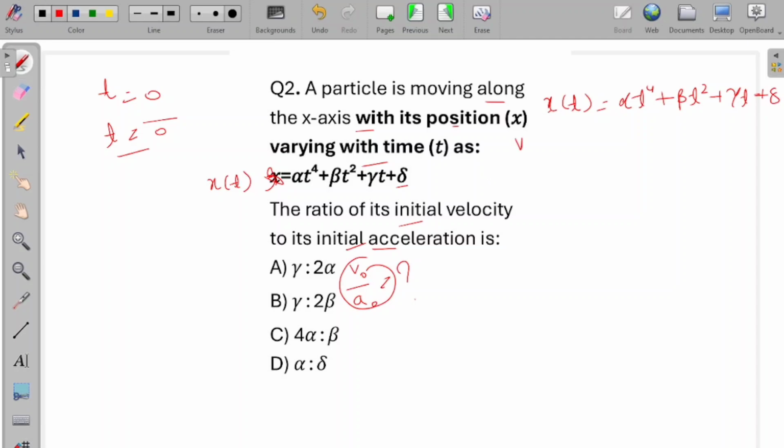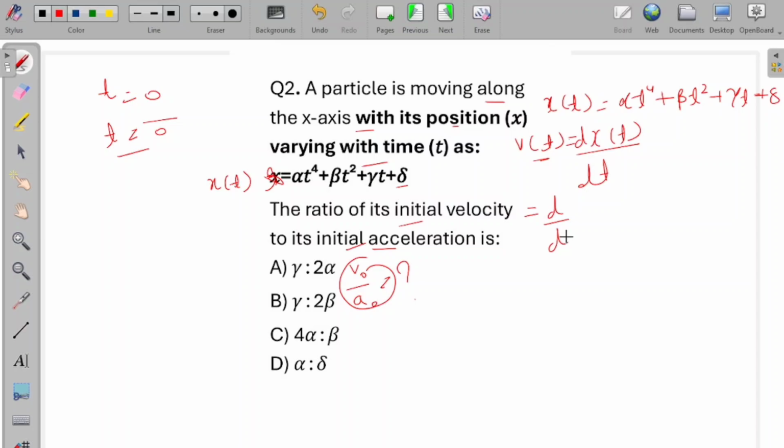For Vt, we know that it is the differentiation of position xt, so Vt is equal to the differentiation of xt, right? dx(t) by dt will give us the expression for Vt. So we will differentiate this expression.